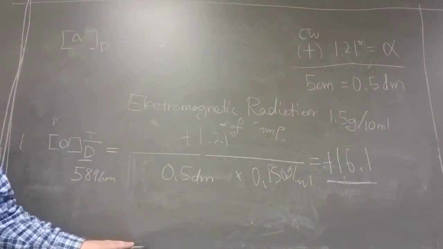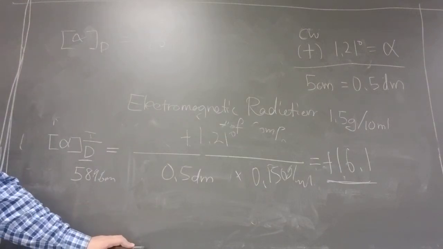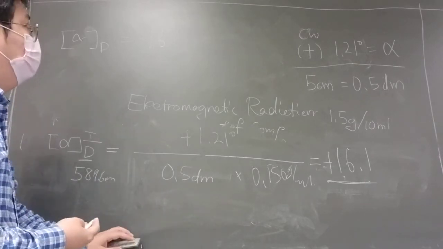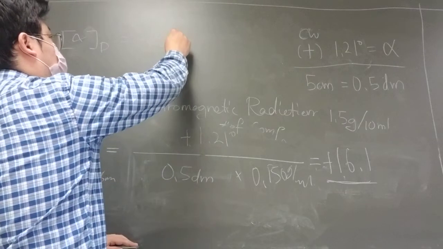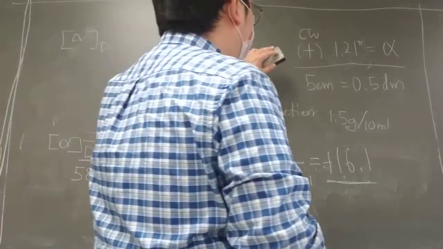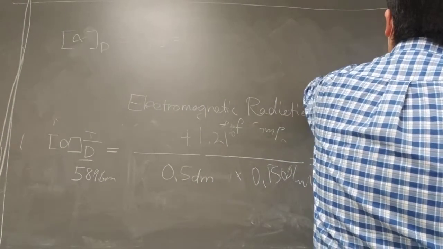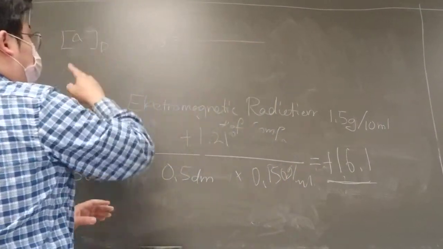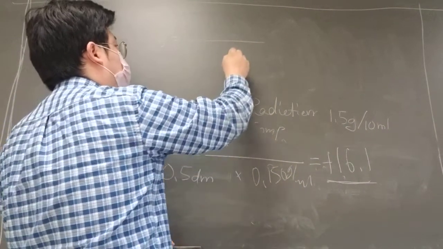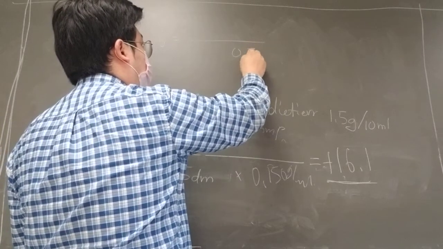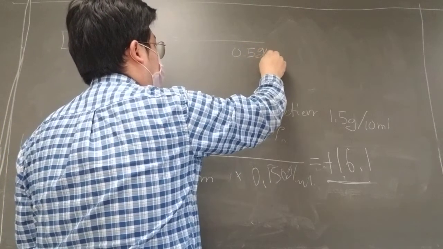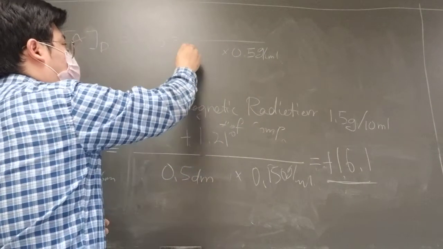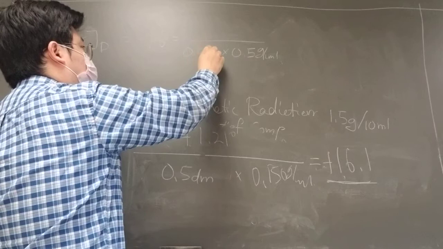So maybe I can give you an example problem the other way around. So we find that when we made the cocaine in here, the concentration was maybe 0.5 gram per mL or centimeter cube. And we also used 0.5 decimeter, which is 5 centimeters.